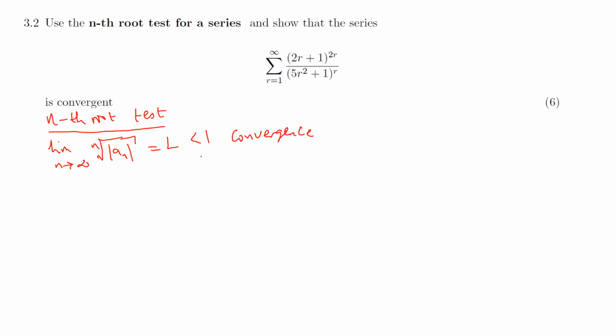But if the limit is bigger than 1, then we have divergence. And also the limit can be 1, inconclusive. So the test does not work. So it means you must try another test.